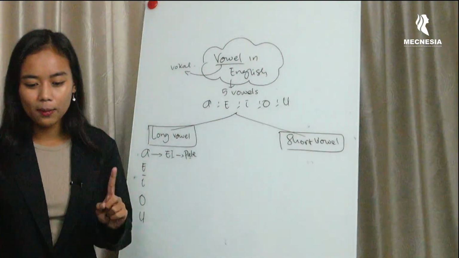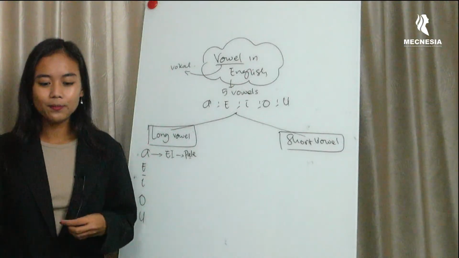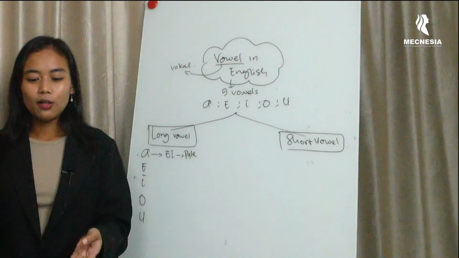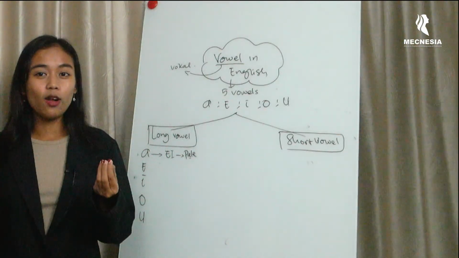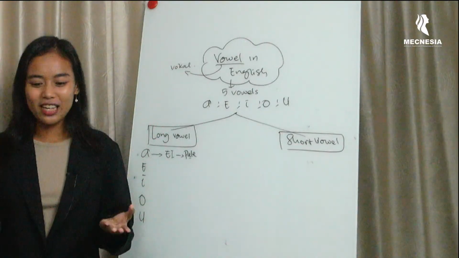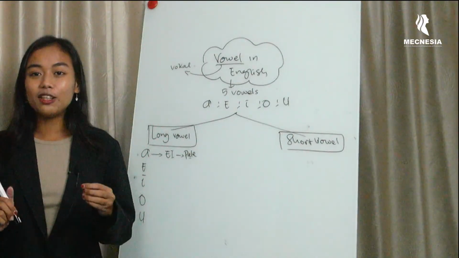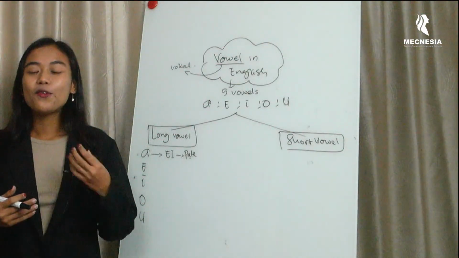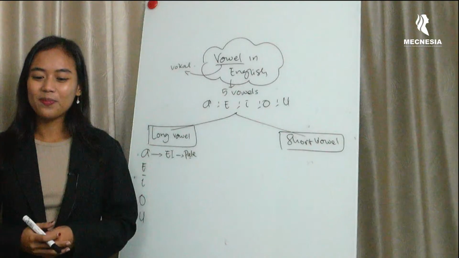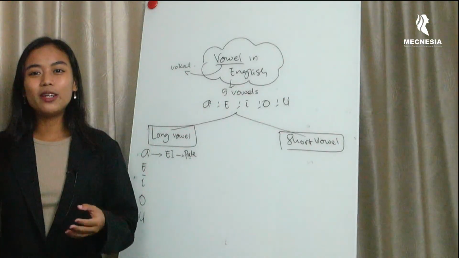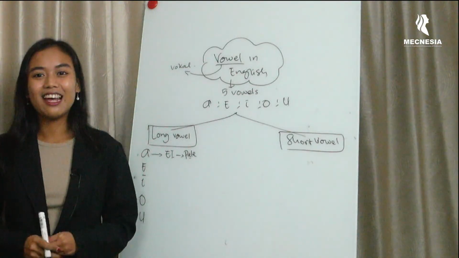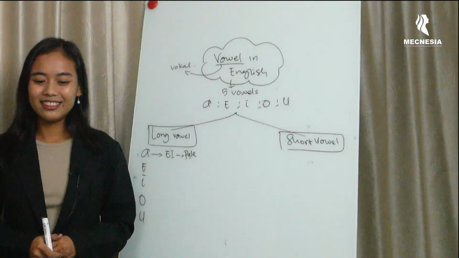Next, the second rule, the B rule. Next, kita lanjut ke aturan yang B. When the A is followed by a vowel, including Y. Ketika A-nya diikuti oleh vokal, termasuk huruf Y. Like in the word veil. Let's try it together. Next, in the word maybe.